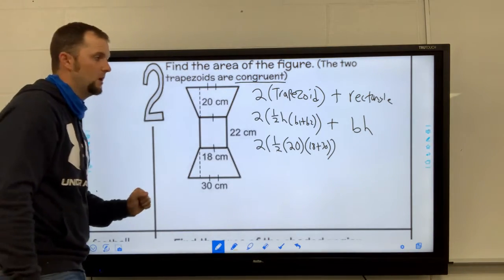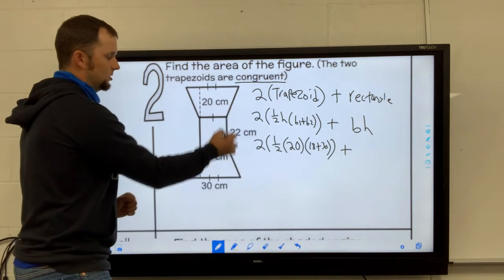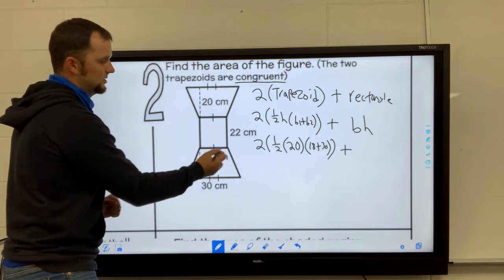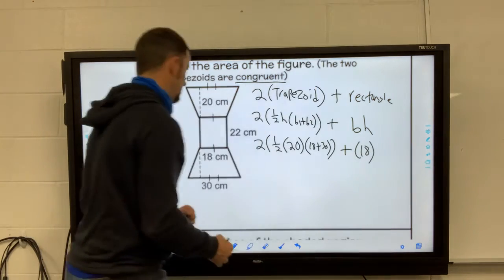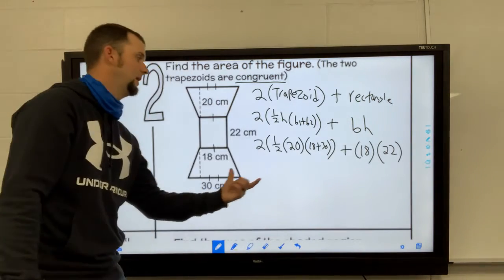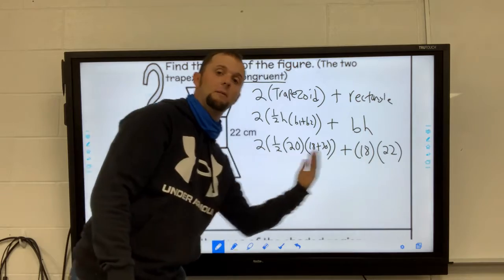And then this is going to end up giving me the area of my 2 trapezoids just by that piece over there. So now I'm going to add the height of my rectangle, which is going to be 22, and it looks like the base is going to be 18 because it matches that base of that trapezoid there. So I'm literally just going to do 18 times 22. So ladies and gentlemen, area of my 2 trapezoids, area of my rectangle, I'm going to add them together.